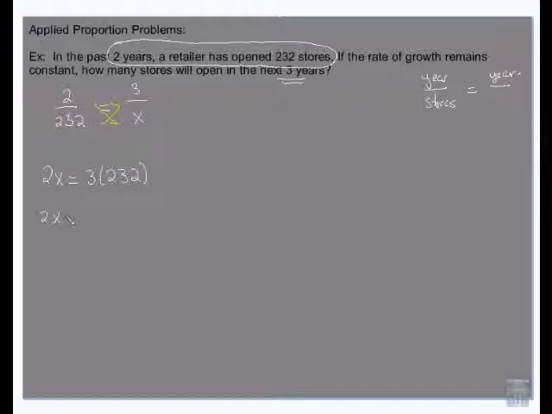So 2x is equal to 696. Divide both sides by 2. 348. Oh, that's not per year, sorry. So in the next 3 years, 348 stores should open.